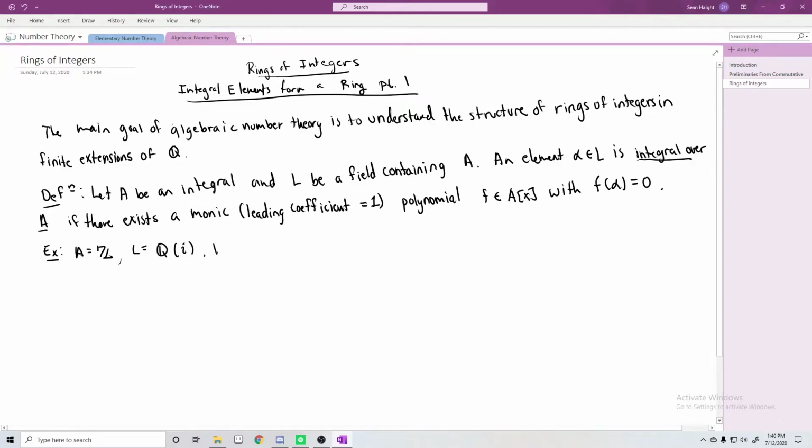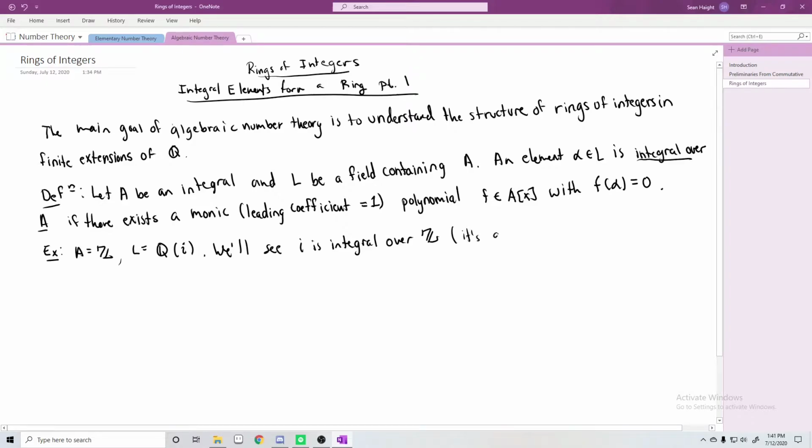It turns out we'll see that i is integral over Z, or just integral. When we're talking about Z, a lot of times we'll just say it's an integral element of L, or an element of the ring of integers.